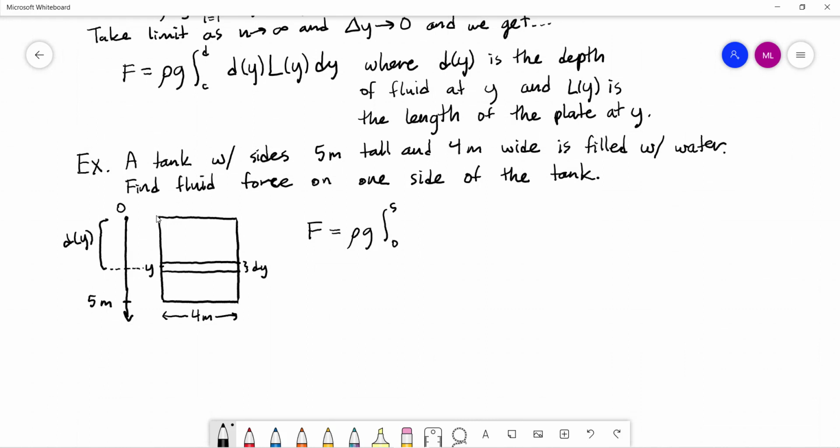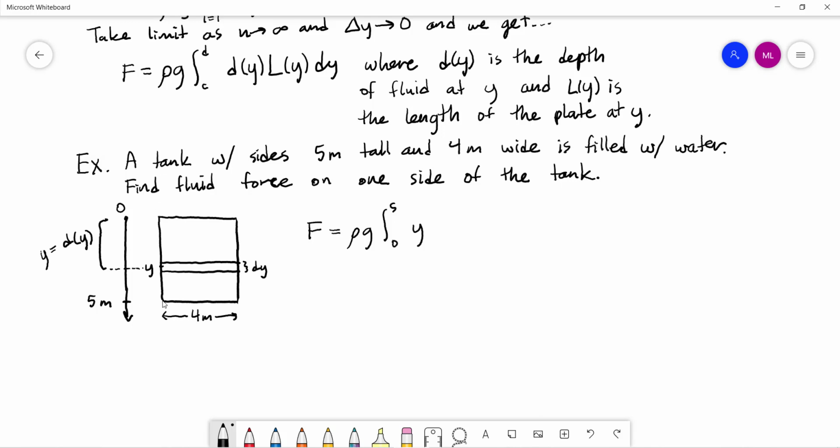And our depth is just literally going to be, because we put the origin here and the point that we're interested in down here is y, the distance between 0 and y is our depth. So it's literally y minus 0. So our depth, our d of y, is simply y in this case.